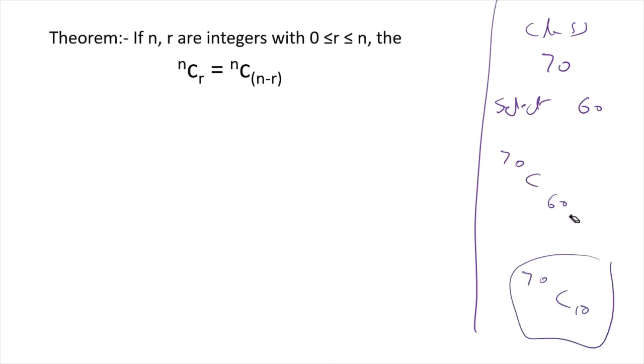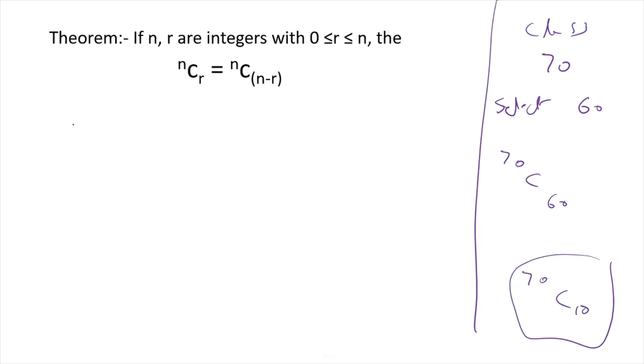So 70 choose 60 is the same as 70 choose 10. Here n is 70 and R is 60. 70 choose 60 is equal to 70 choose 70 minus 60, which is 10. So the number of ways of selecting R elements is the same as the number of ways of removing n minus R elements.